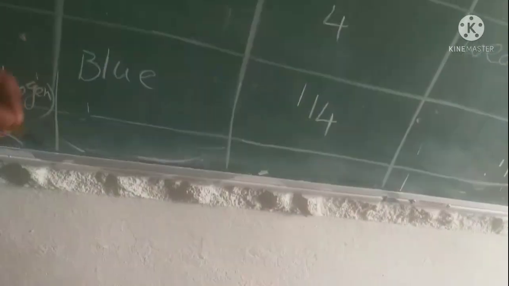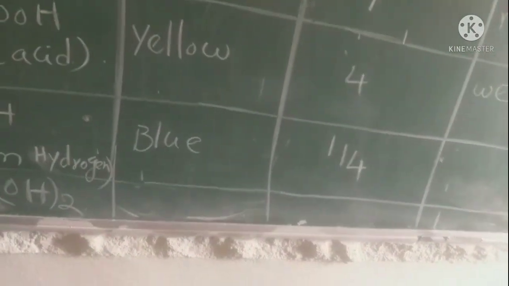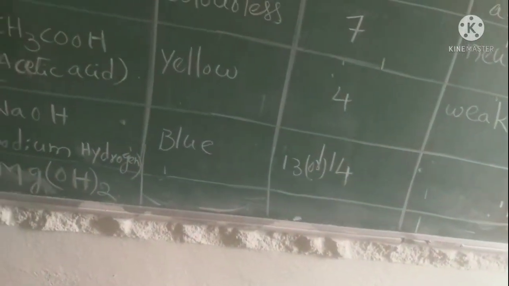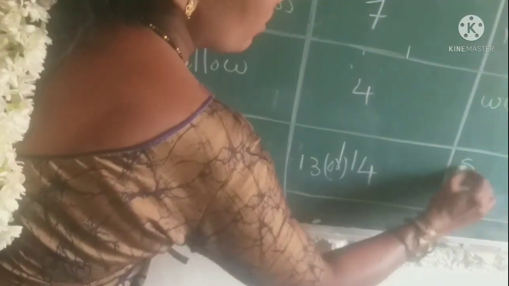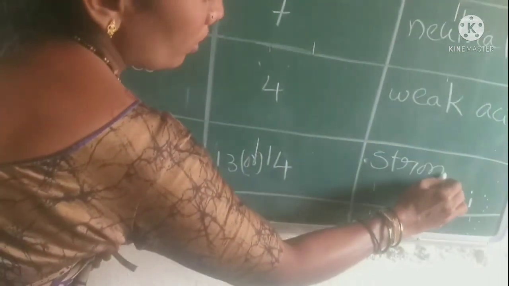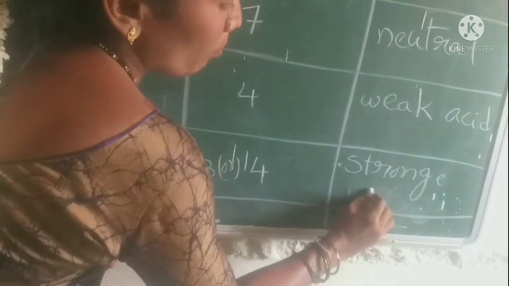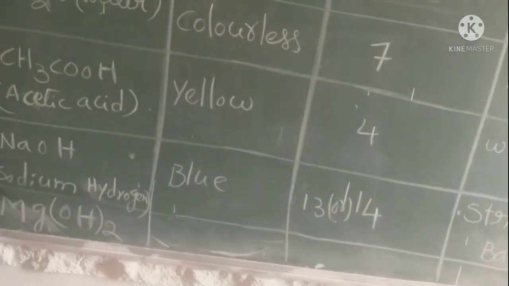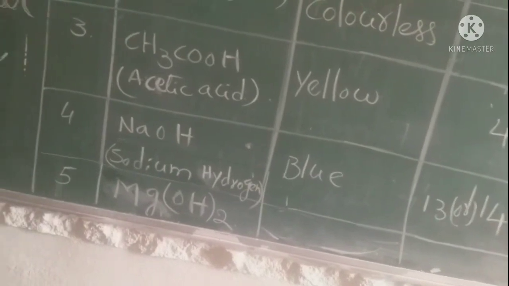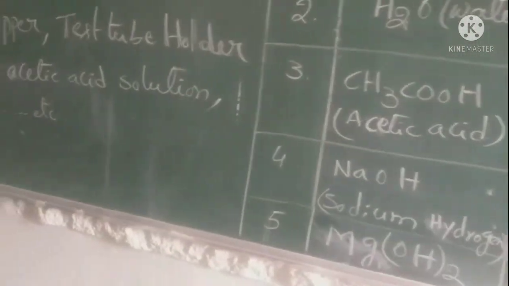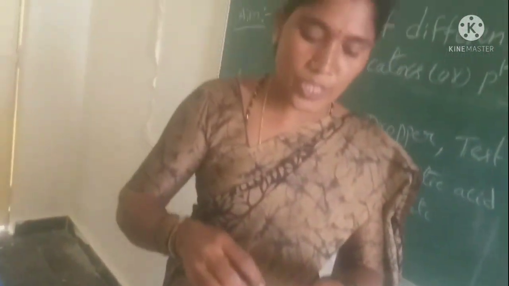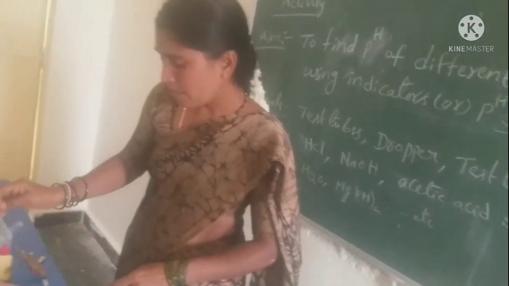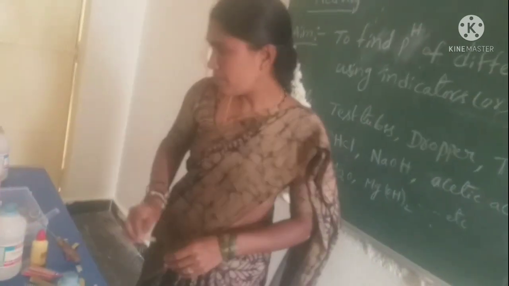The pH is approximately 13 or 14. This strength is a strong base. Magnesium hydroxide is also checked in the activity.